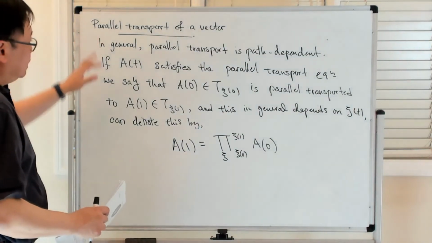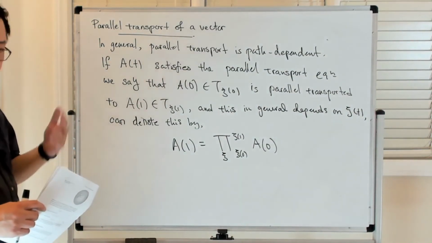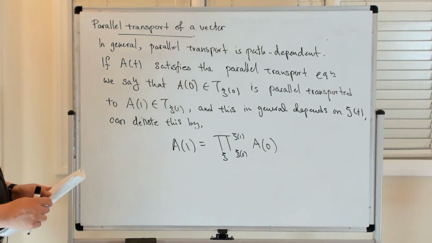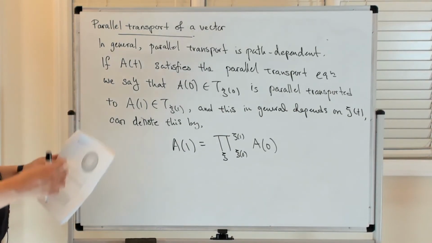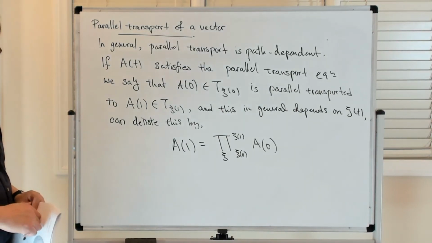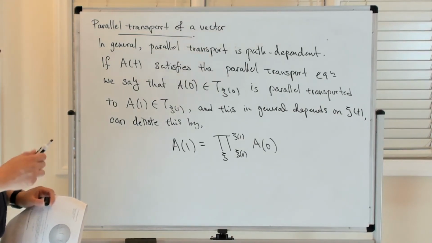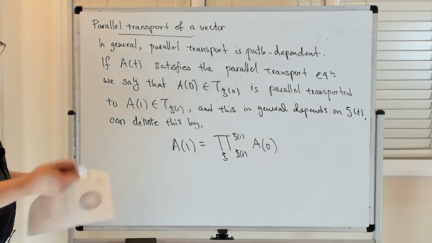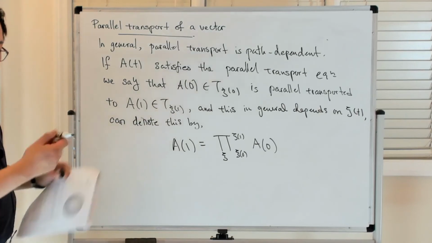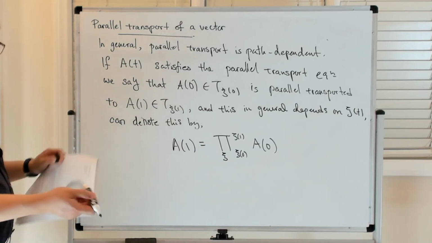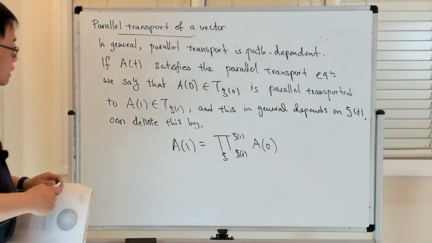So this is the idea of parallel transport. It's conceptually quite closely related to the discussion we had about geodesics, where you have a curve whose tangent vector in the direction of the curve stays the same.